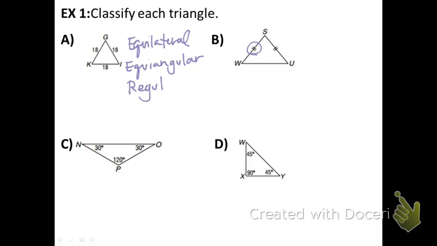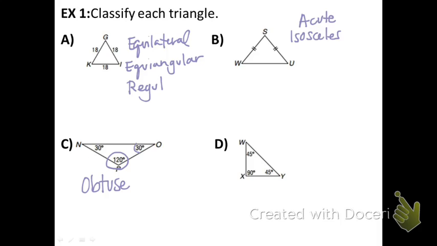On B, we have two sides that are the same, so it's isosceles. And we can see that all of our angles are less than 90 degrees, so we would call this an acute isosceles.